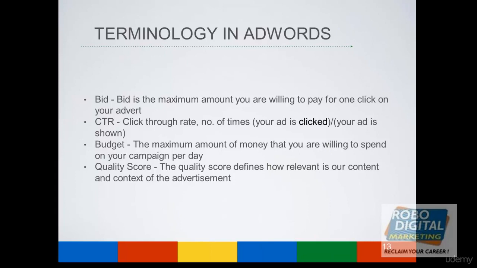But if somebody is searching for a course and my ad is shown, that is something which is irrelevant. So Google does not want the advertiser to take advantage of them. Okay, so they define the quality score of it. Clear, Joanna? Okay. Yep.